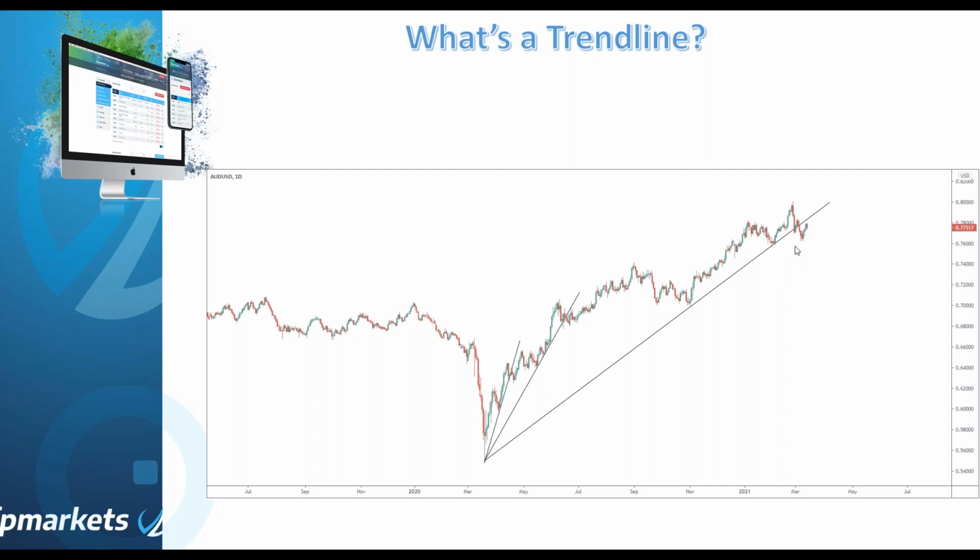So look, I don't really want to go into too much detail on this as I might confuse newer traders, but we have a trend line support here. We now have a break to the downside. Now what happens is a trend line support, once broken, can actually form a resistance on the retest.